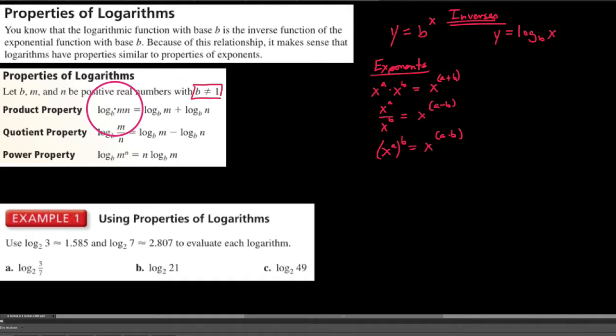The product property states the log base b of m times n. I'm going to say that this is our product right here, and just to be clear, let's put parentheses around this. So we're taking the log of a product, m times n. What we get is log base b of m plus log base b of n. The very first thing I want to recognize here is that when you take log base b of m times n, you can look at this as multiplying two things with the same base b, and when you multiply two things with the same base b, we add the exponents.